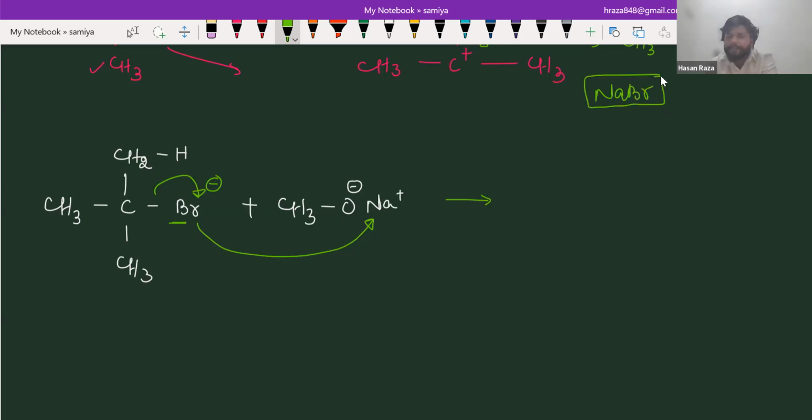Is that clear? Yes. Now see what is left in the reaction. There will be carbocation because bromine took electron from this carbon. And since Na plus is eliminated from this part, it will be left with CH3O minus. Are you getting my point?